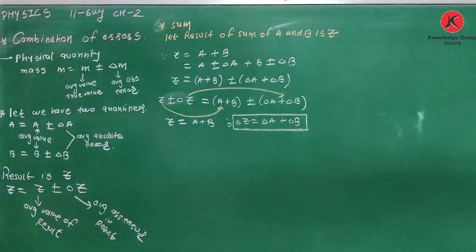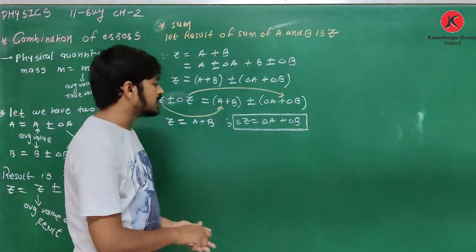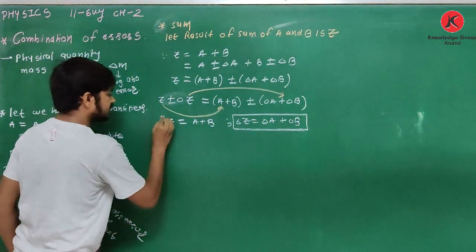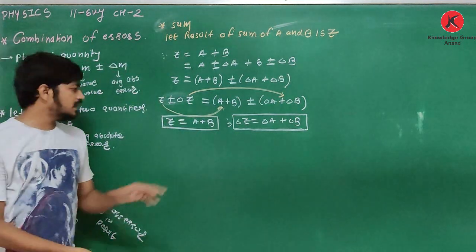Clear about this? Okay, so yes, delta Z is equal to delta A plus delta B. You have to remember it like this.